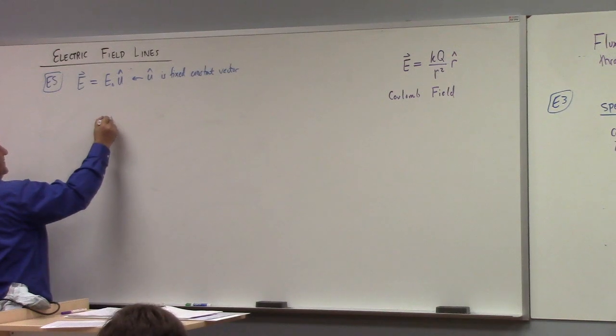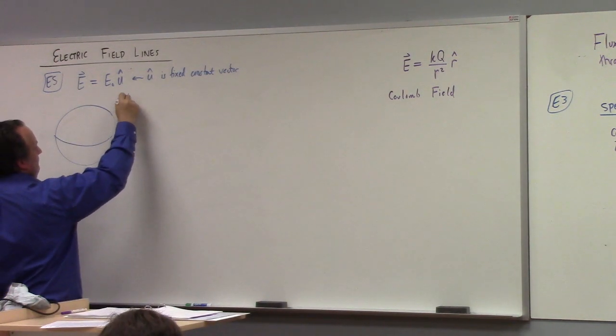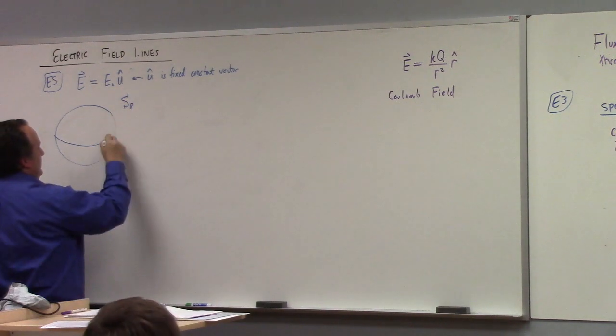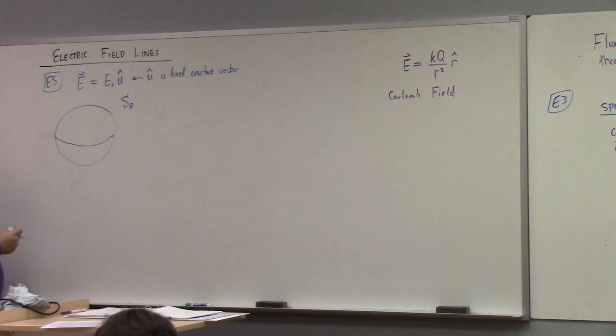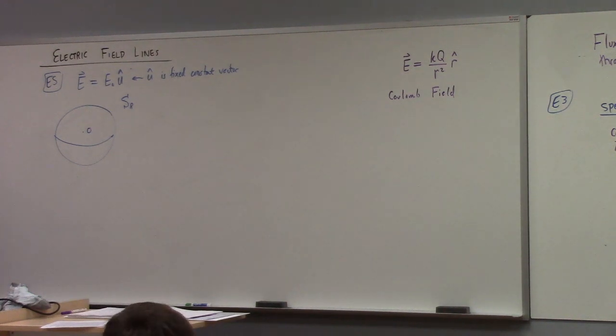Then I take a sphere, right? A sphere of radius r here. You can put it wherever you want. We could center it at the origin. I usually do that. The question then is, what's the flux of the electric field through the sphere?